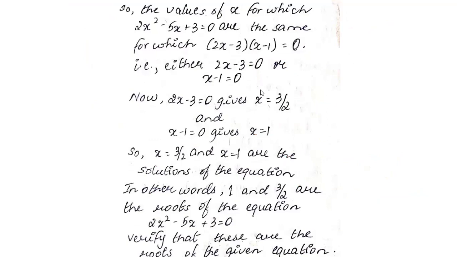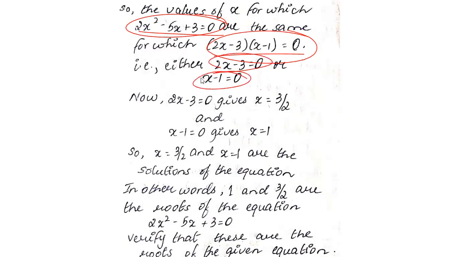So the value of x for which this is the same as this. We have told this equation can be rewritten in this way. So equate them separately to 0. Then when you equate 2x minus 3 to 0, you get x is equal to 3 by 2.